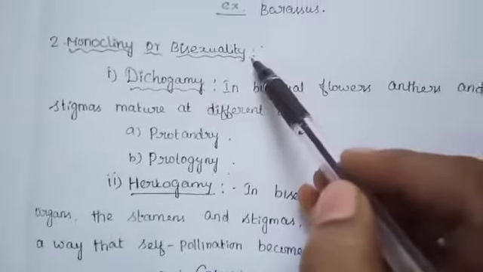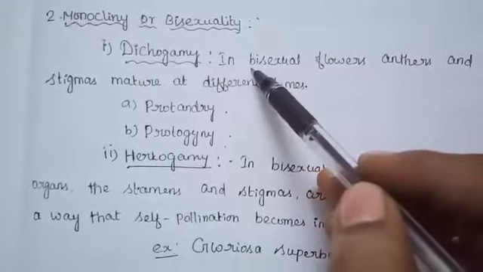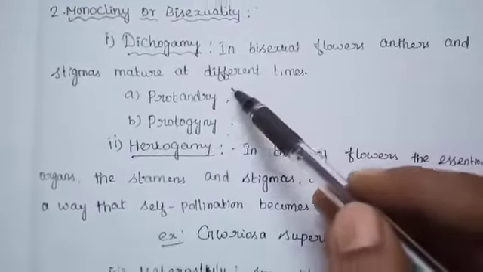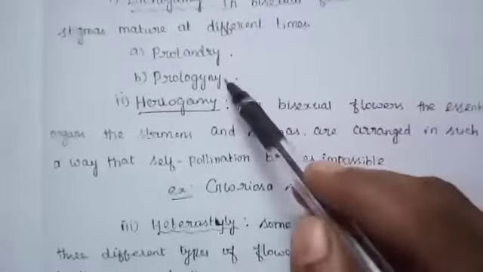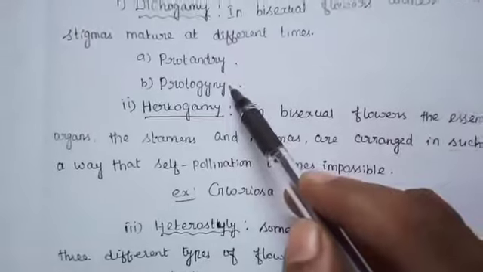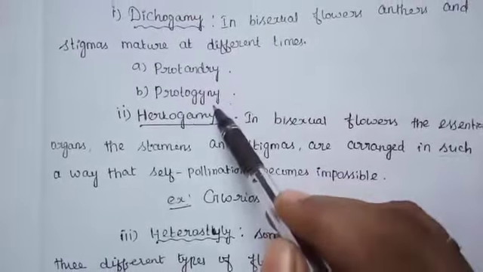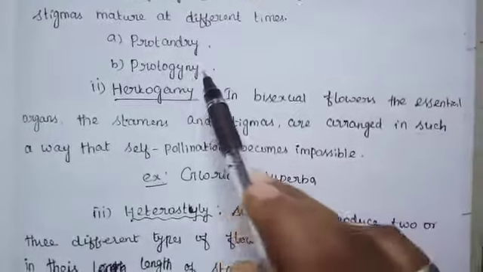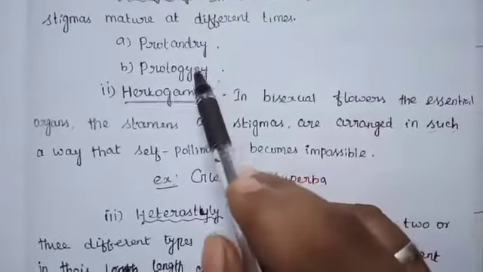Next, monocliny or bisexuality. Flowers are bisexual, and a special adaptation of the flowers prevents self-pollination here. There are two types, protandry and protogyny. What is protandry? The stamens mature earlier than the stigma of a flower. Example, Helianthus. Protogyny: the stigma matures earlier than the stamens of a flower.